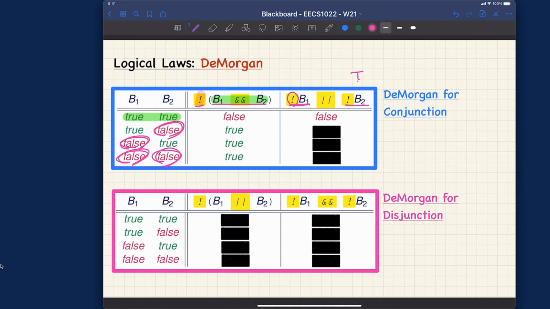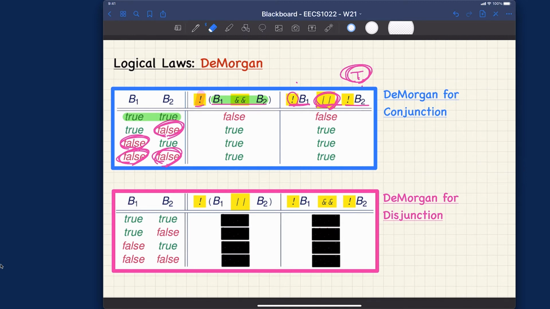And once we get true as one of the operands for the disjunction, sorry, once we get one of the operands being true after the negation, the disjunction is going to be true. Either we negate this one here, or we negate this one over here, or we negate both, and it's going to be true. As long as one operand for the disjunction is true, overall it's going to be true. So that means we got true over here.